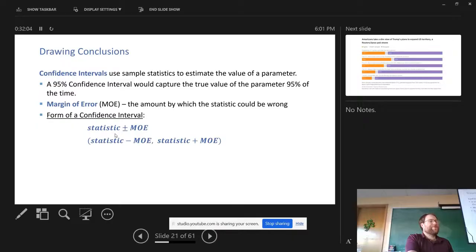If it was 3 plus or minus 2, 1 in 5. So average is 3, but margin of error is 2, so it could be 2 down or 2 up.